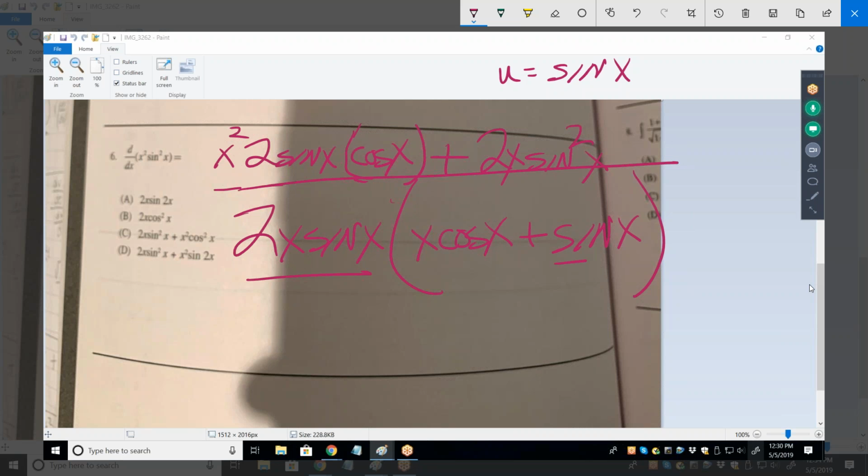That times that is that. I don't see the other one though. Ah, notice the one difference between that answer and the others. The sine of 2x, not the sine of x. Same thing with that up there.